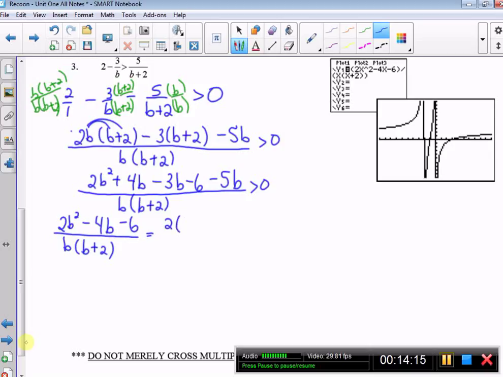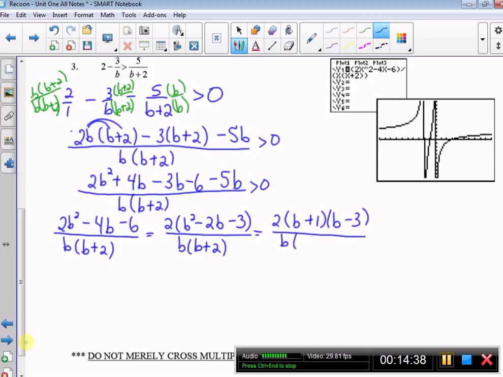Factor out a 2, and you get b squared minus 2b minus 3 over b times b plus 2, which equals 2 times b plus 1 and b minus 3, all over b times b plus 2. And that is greater than 0.